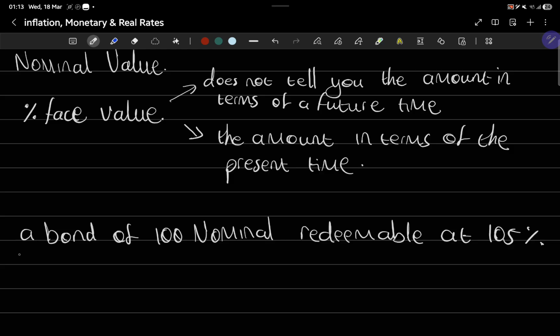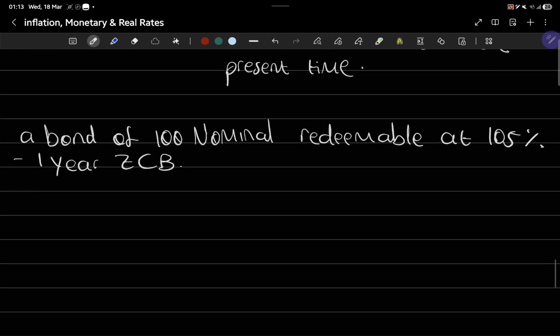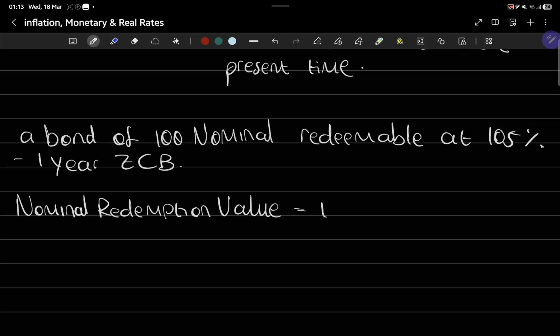Let's say, for more specificity, a 1 year zero coupon bond. A 1 year zero coupon bond of 100 Rand nominal, redeemable at 105%. Now, the nominal redemption value will be equal to 105% times 100, which is equal to 105.